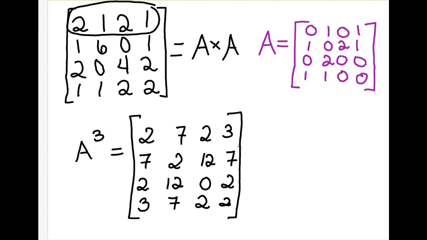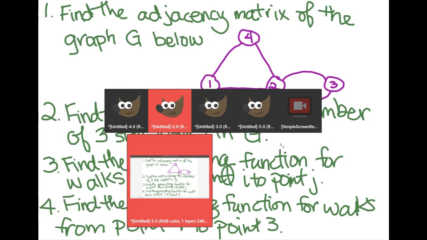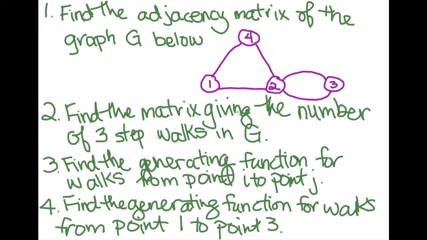So this number 7 here should mean that from vertex 2, because we're in the second row, to vertex 4, because we're in the fourth column, there should be 7 different ways to get there using 3 steps. So if we go back to our graph, we should be able to get from 2 to 4 in 3 steps in 7 different ways.